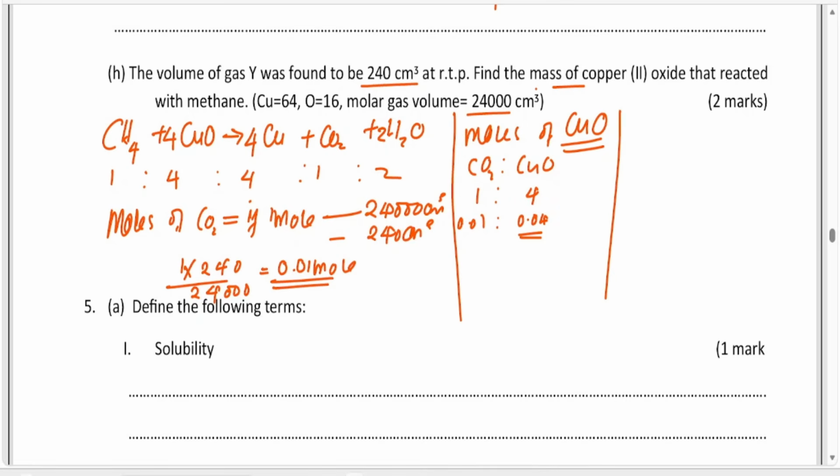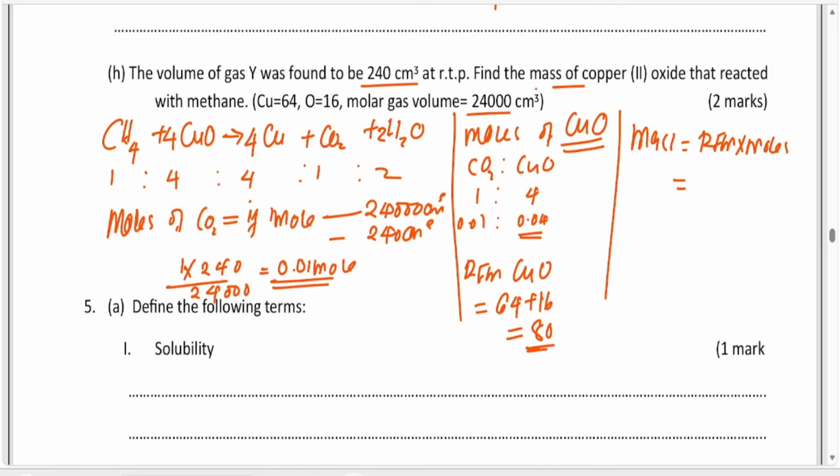The relative formula mass of copper 2 oxide, we are given the relative atomic masses, so 64 plus 16, and this is equivalent to 80. So how do I get the mass? Mass is given by RFM, or relative formula mass, multiplied by the moles.